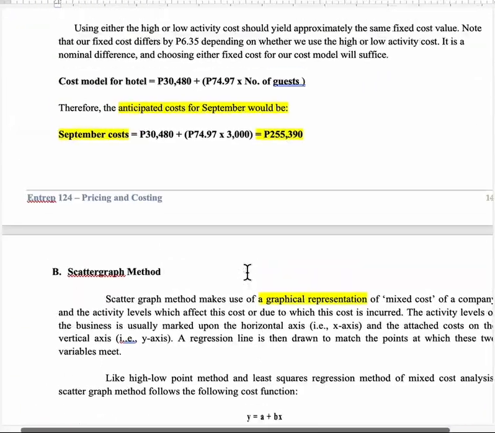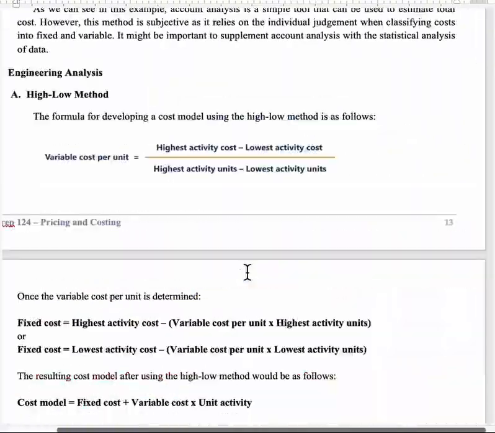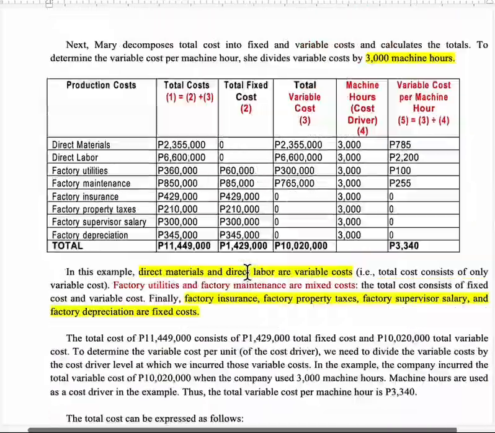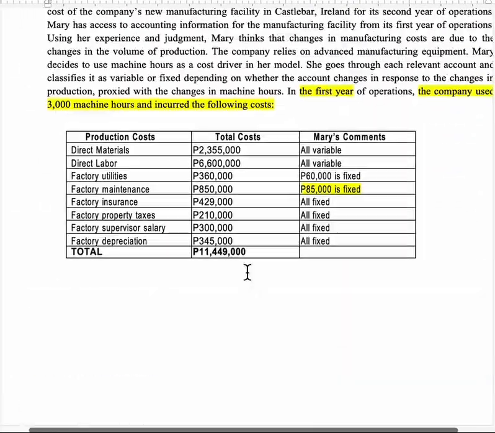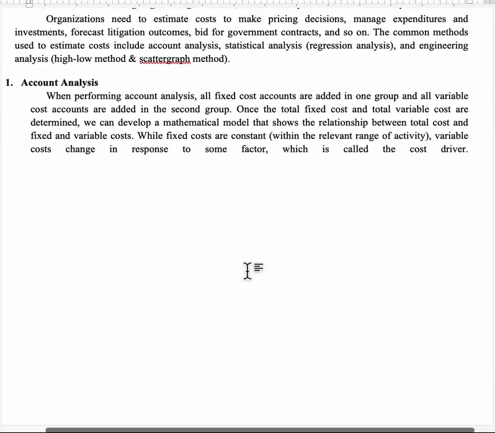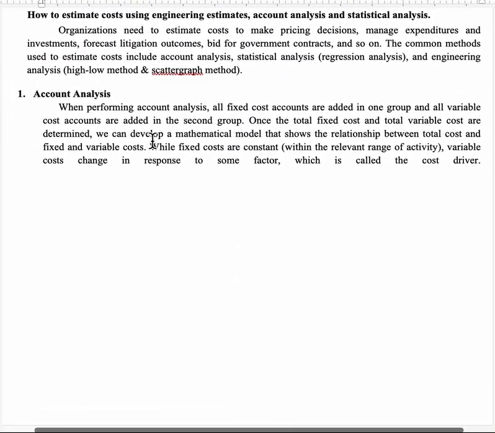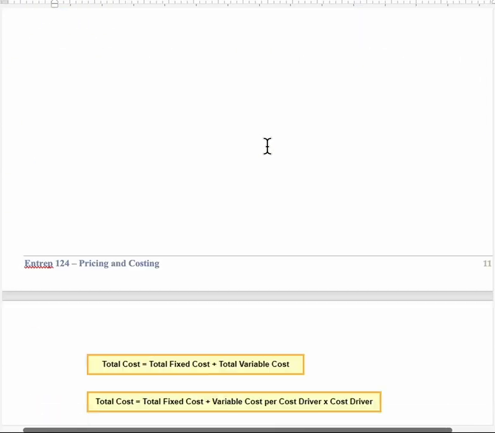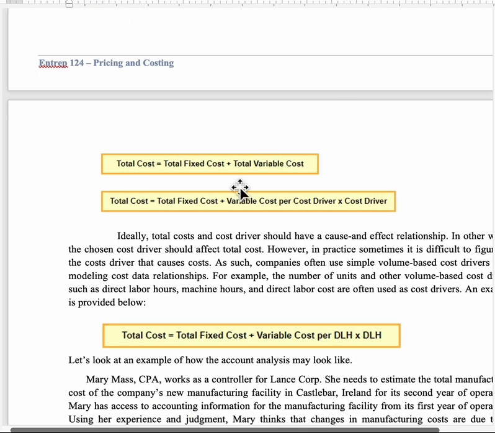Let's move on to how we are going to solve account analysis. In account analysis, we are going to analyze every item in the financial statement. In essence, total fixed cost plus total variable cost equals total cost.